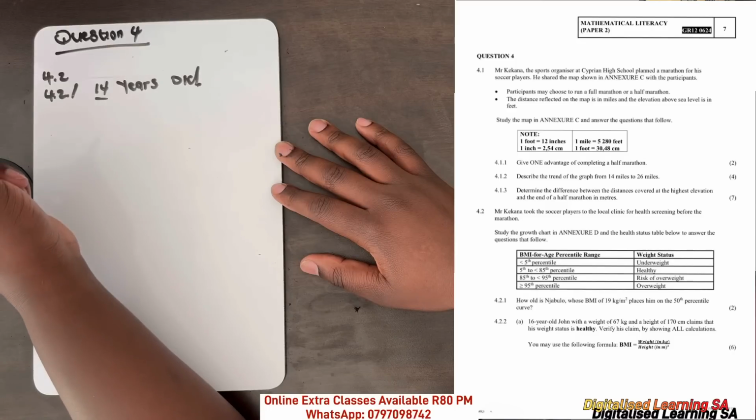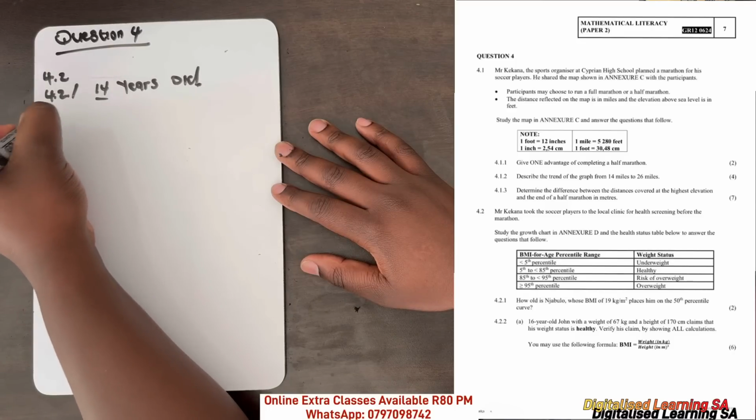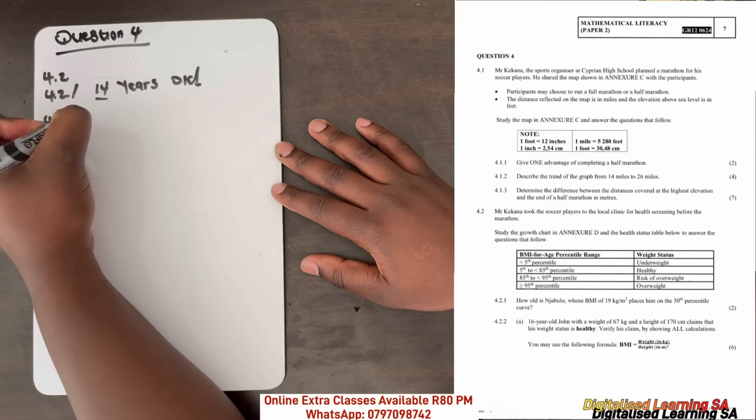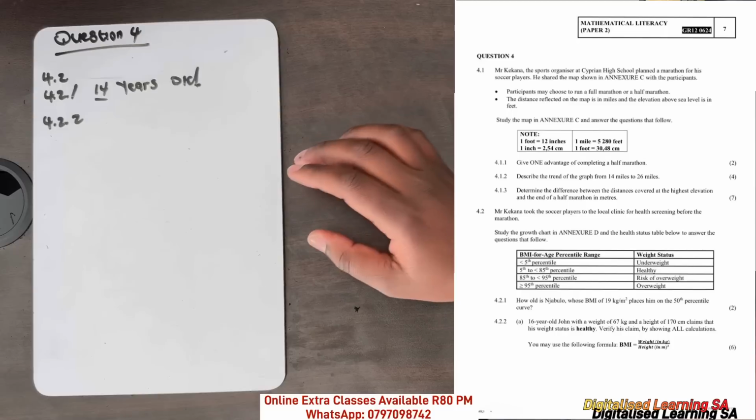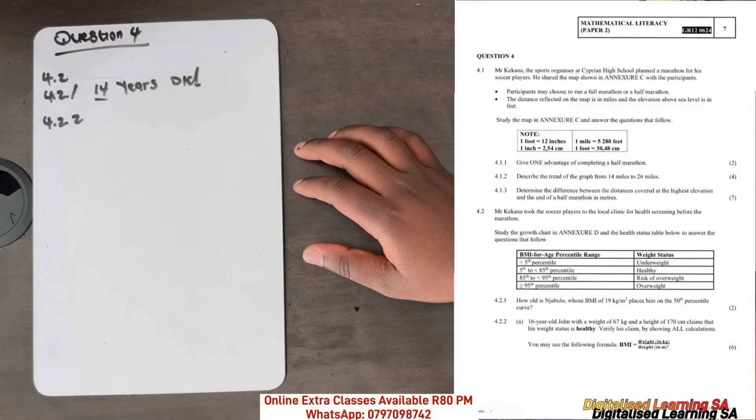So now let's move to the next question, which is question 4.2.2. Question 4.2.2 says that 16-year-old John with a weight of 67 kilograms and a height of 120 centimeters claims that his weight status is healthy.